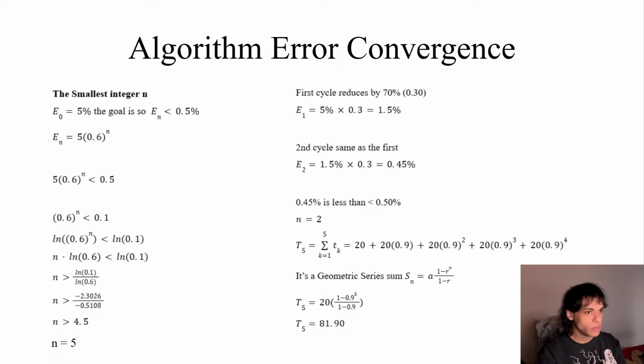So we have 20 plus 20 times 0.9. Becomes 10% quicker per cycle. 10% quicker, that means we multiply by 0.9, right? Okay, so just like what we did here.